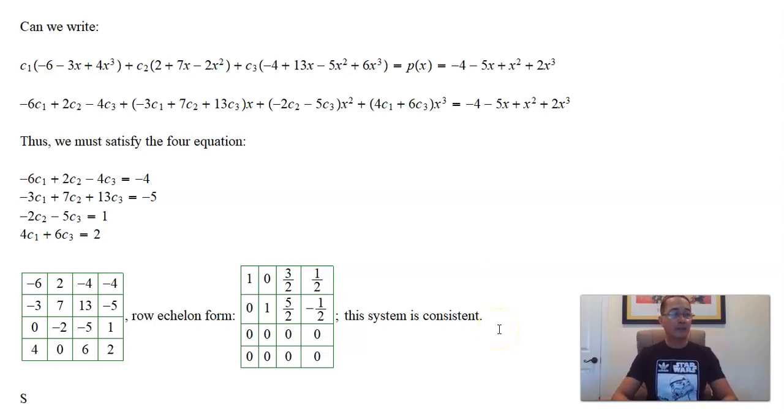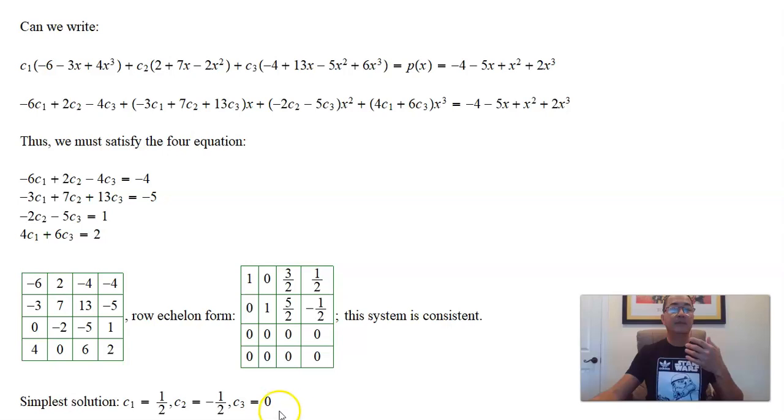So our simplest solution will be C1 equals 1 half, and C2 must be negative 1 half. And we still need a C3. C3 has to be 0. So this would be the simplest linear combination.